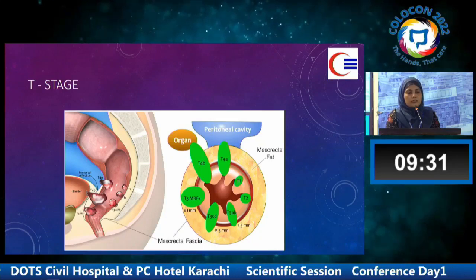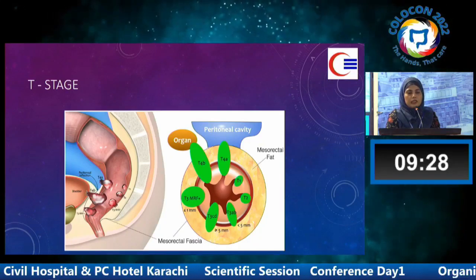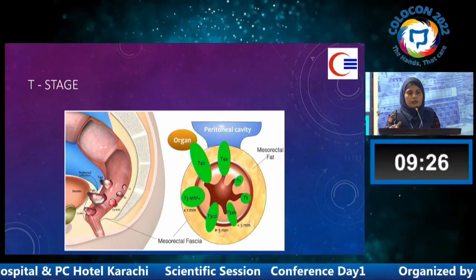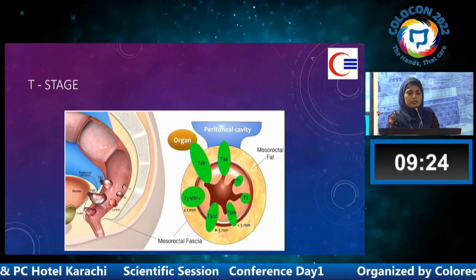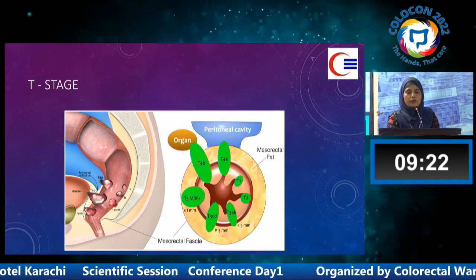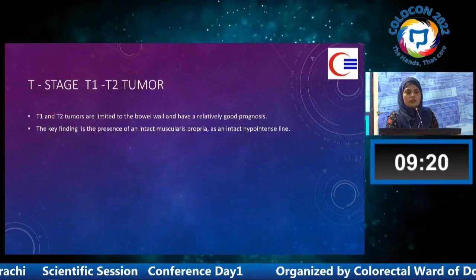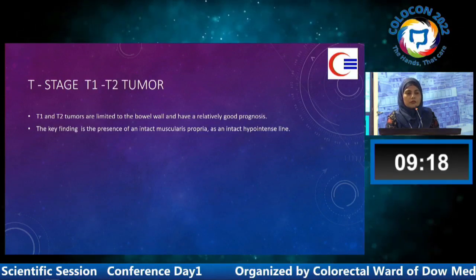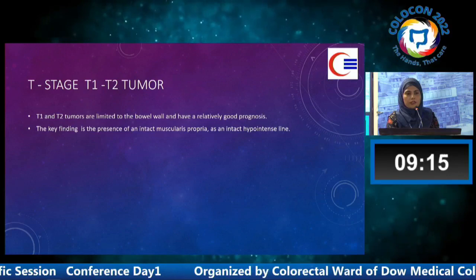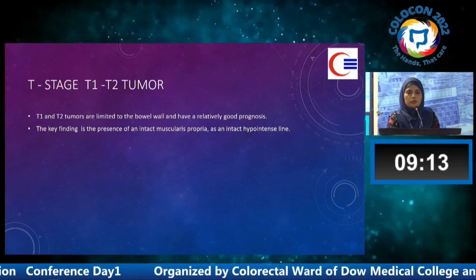So let's discuss the T staging. T staging is actually the involvement of different layers of the rectum. We'll see them one by one, and that's why it was important to identify the rectal layers on MRI. T1 is confined to mucosa and T2 is confined to submucosa.